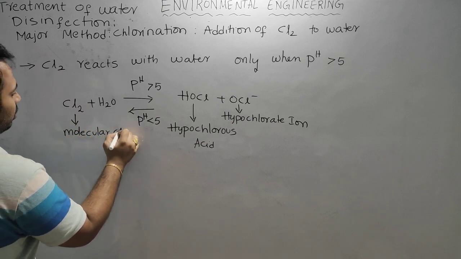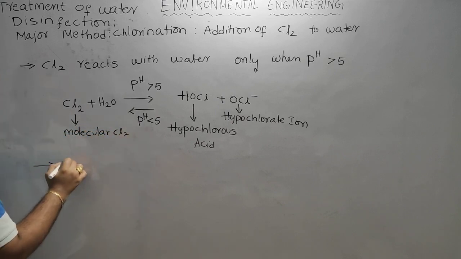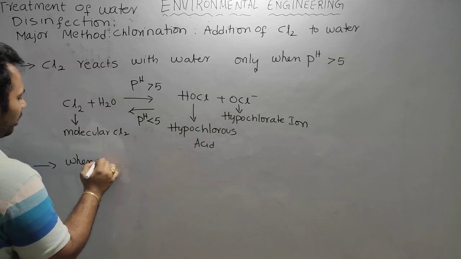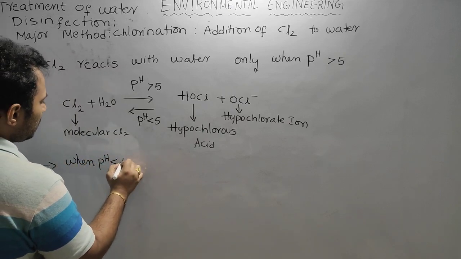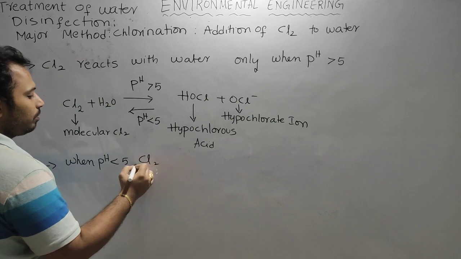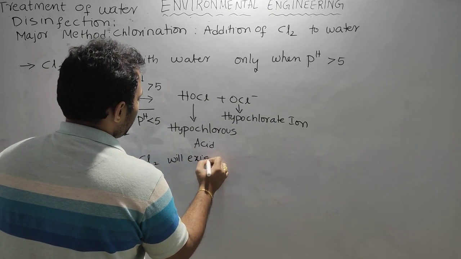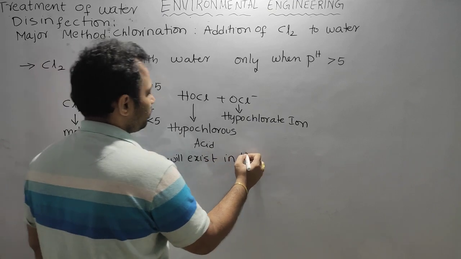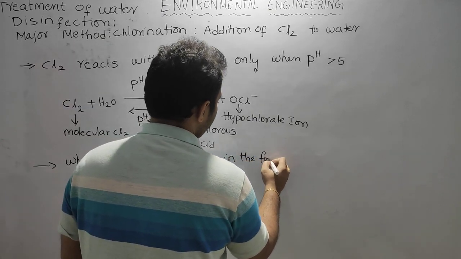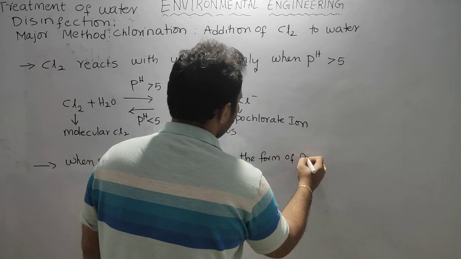So when pH is less than 5, the chlorine Cl2 will exist in the form of molecular chlorine.